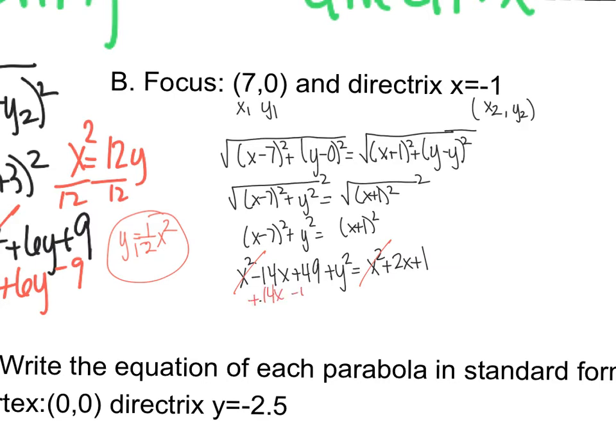So I'm going to add the 14x and subtract the 49 on both sides. Now I'm at y squared equals 16x minus 48. Divide by 16 to get x by itself. So I get 1 over 16 y squared equals x minus 3.